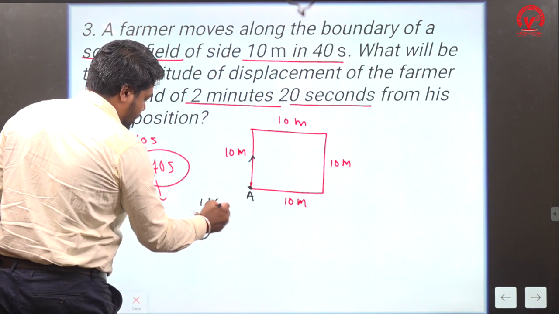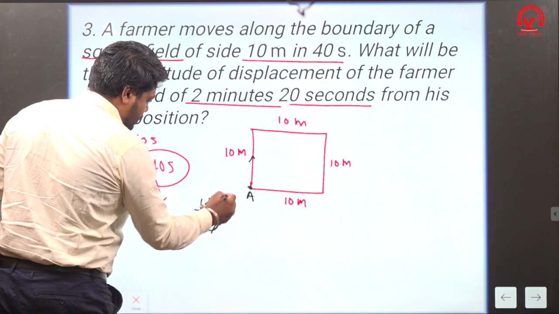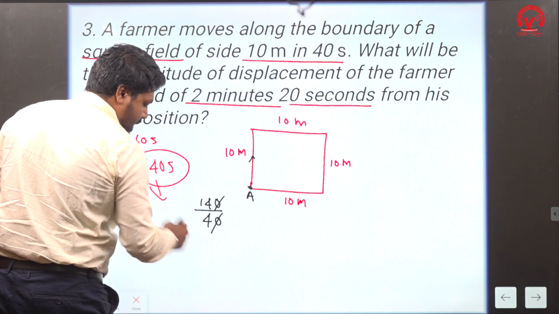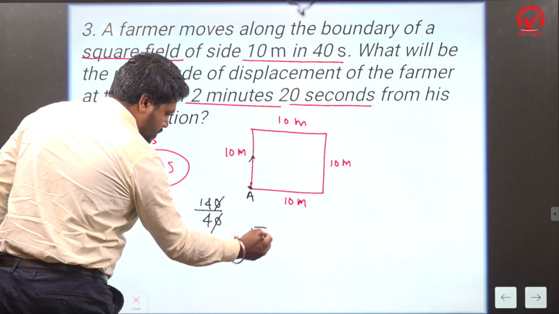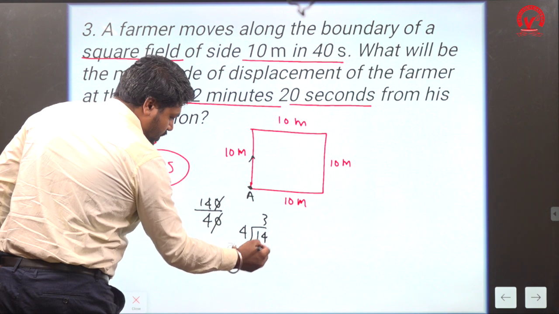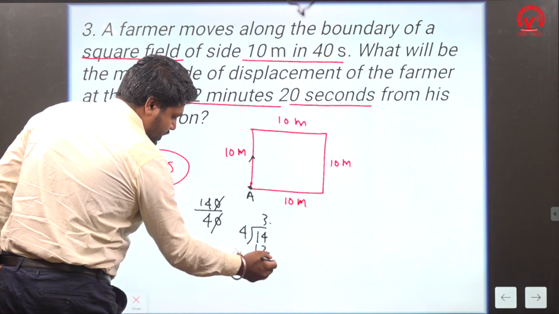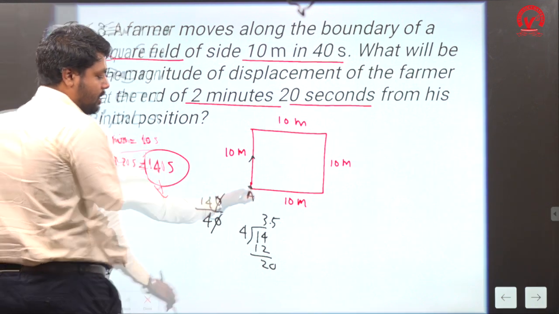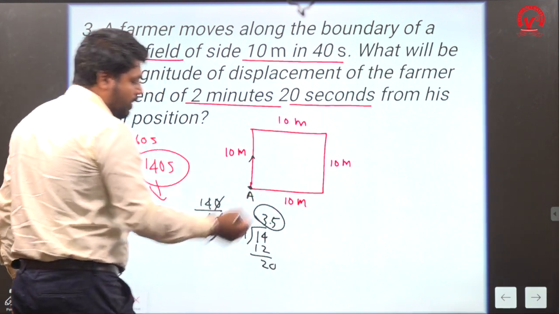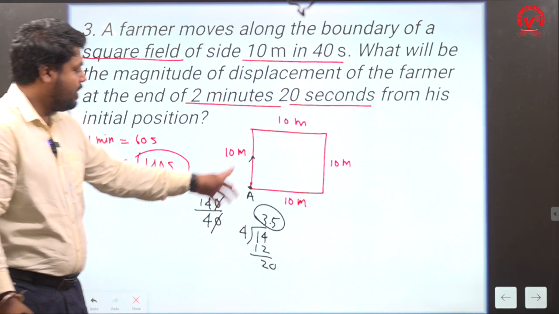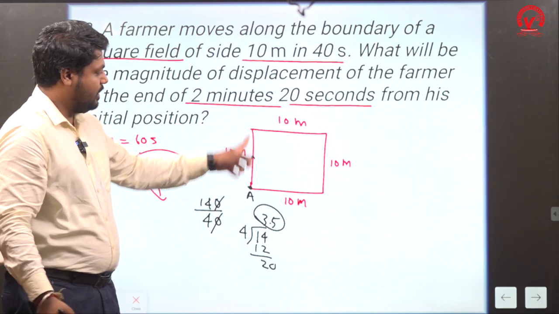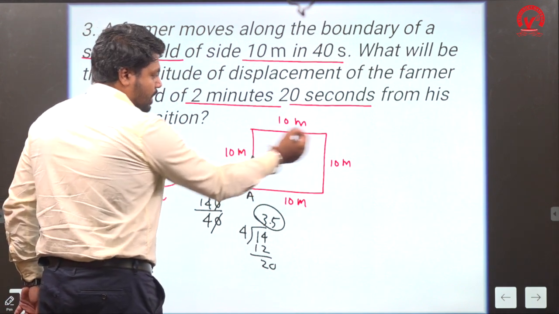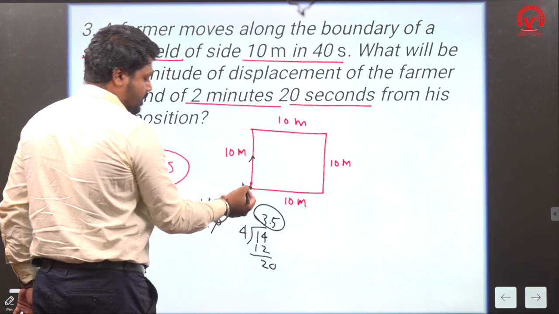So 140 divided by 40 will give you 3.5. So it will go 3.5 rounds. For one round it takes 40, for 2 rounds again 80, again 120.